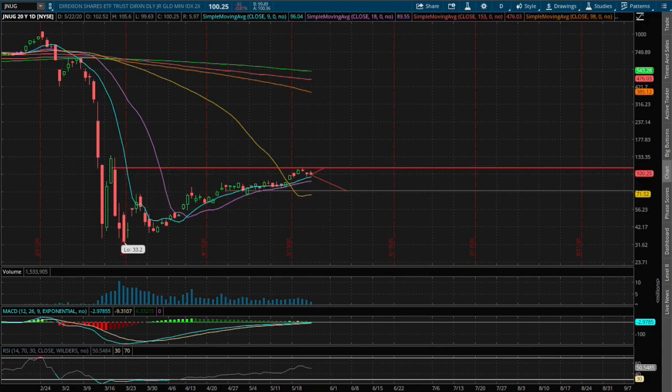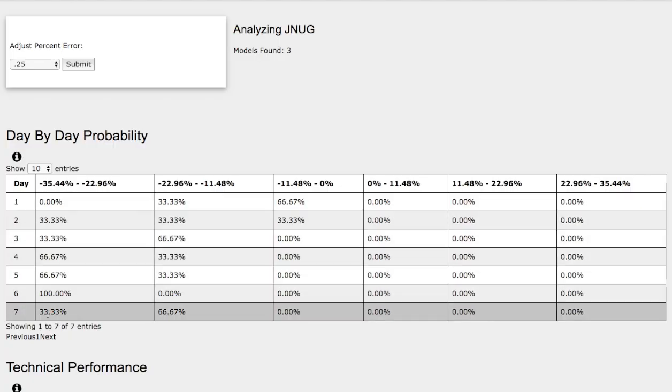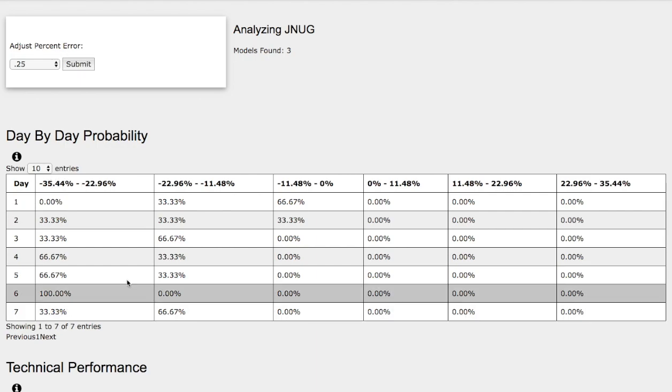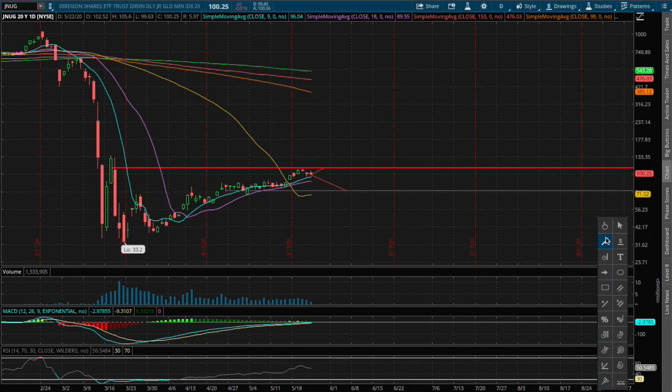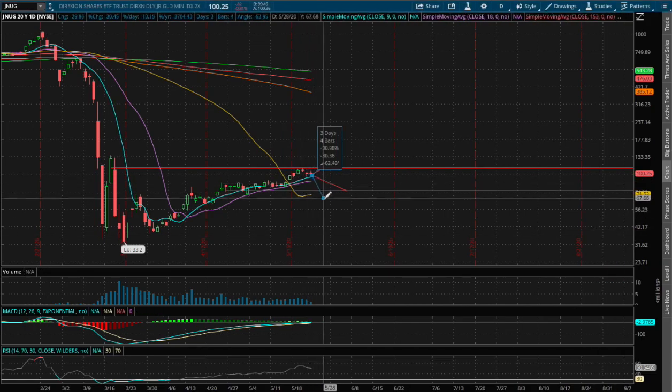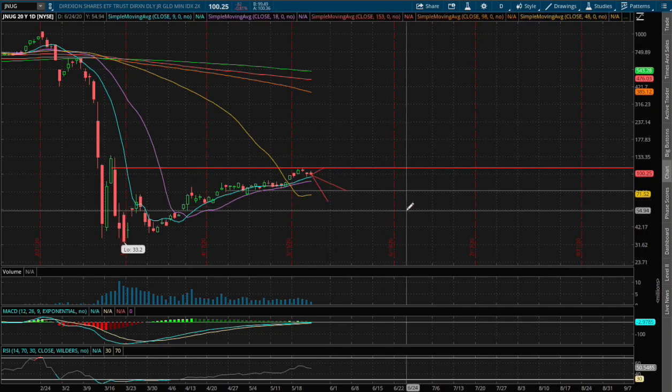If we head back to the day-by-day probability model once more, we have a very extreme case: a 33% chance for JNUG to fall between negative 23% to negative 35%. Again, this is the extreme case. So the worst case scenario, if we do fall negative 35%, that price movement to the downside will be around the price of $63.60.